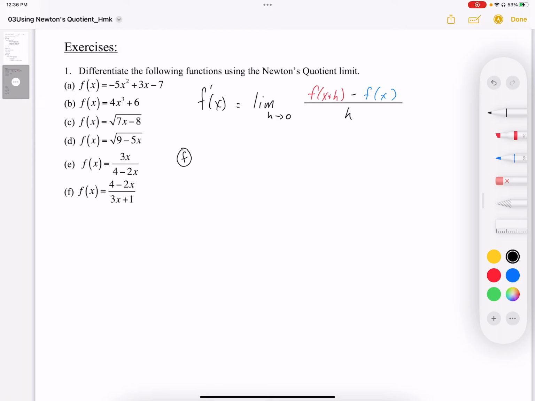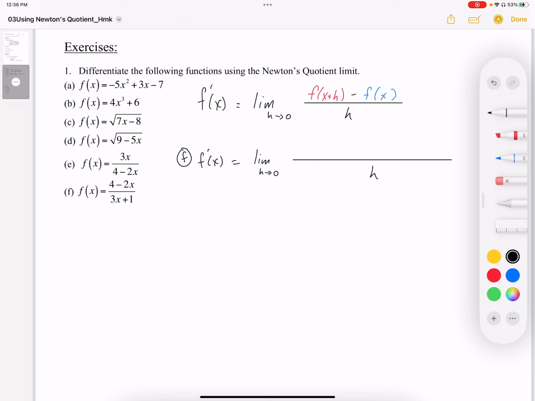So example 1f, I'm going to write this in the Newton quotient. So f prime of x is equal to the limit as h approaches 0, and that's all over h.